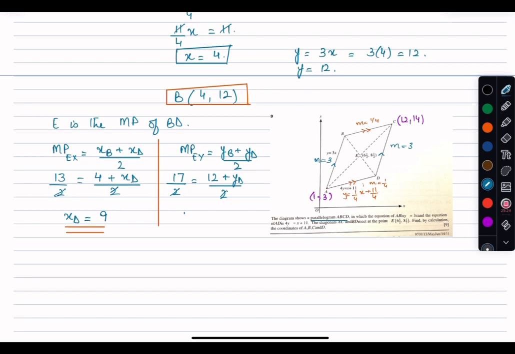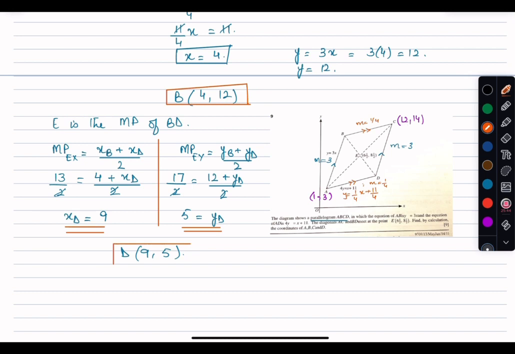That would give me a 5, and that is going to be the y coordinate of D. So D will be having the coordinates 9 and 5.